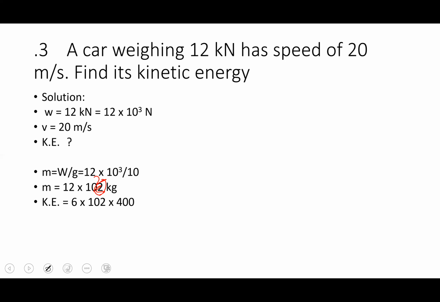Kilogram, we have kinetic energy is equal to half mv square. So m we have already, 12 into 10 to the power 2, and it is half mv square because half into 12 into 10 to the power 2 into 20 whole square.